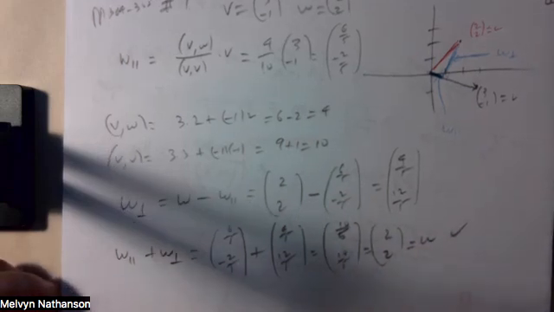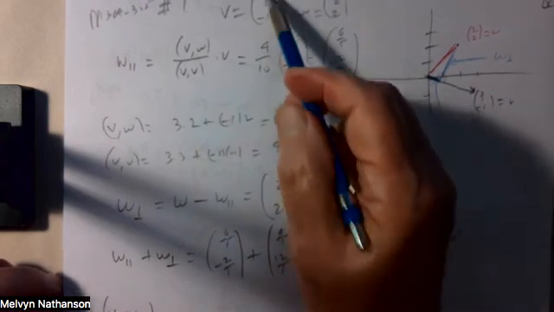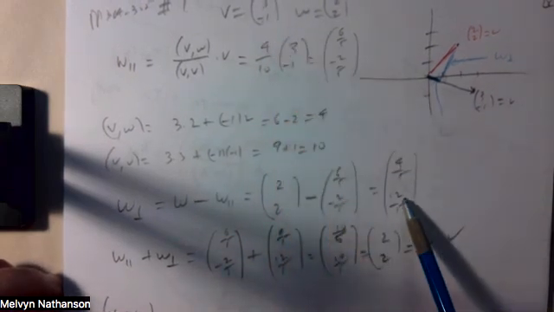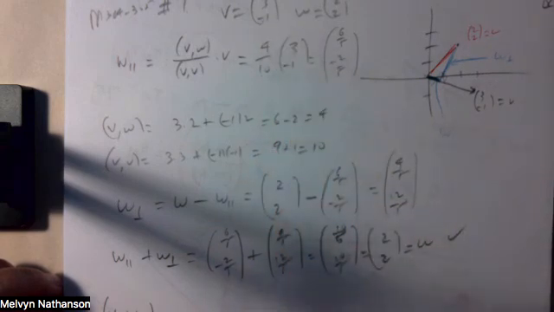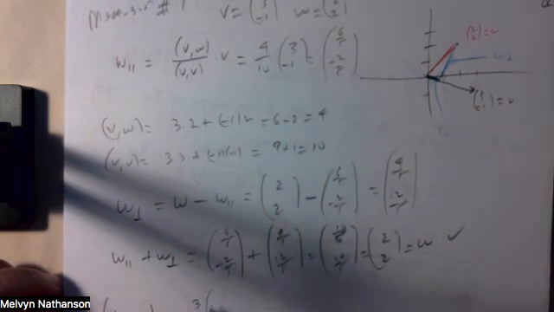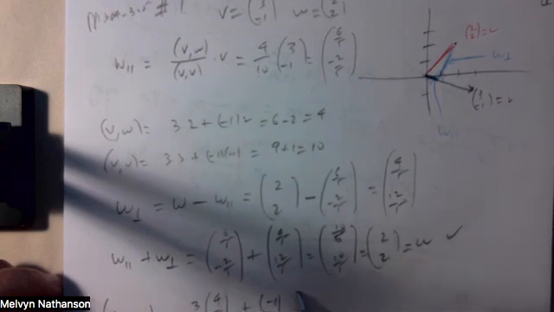So that checks. And what is the inner product of V and W perp? V is (3, minus 1), and W perp is this. If I take the product of the coordinates, I get 3 times 4/5 plus minus 1 times 12/5.